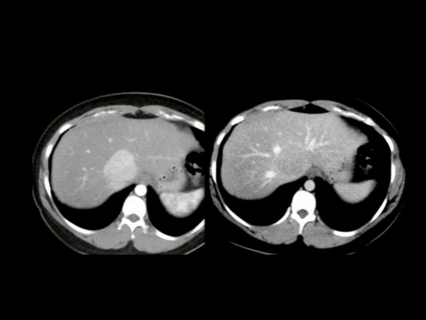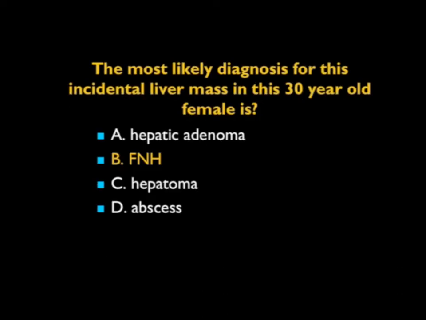Hepatic adenomas can become less dense, but what I like about this lesion is it's the same density as the IVC, it's homogeneous, and it's nearly gone. The reason you see it at all is because of the fatty infiltration, and this is best described as focal nodular hyperplasia. A very common lesion which can be challenging at times, but just a very nice example.